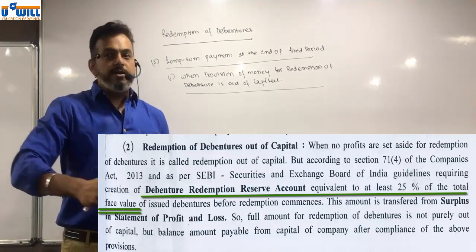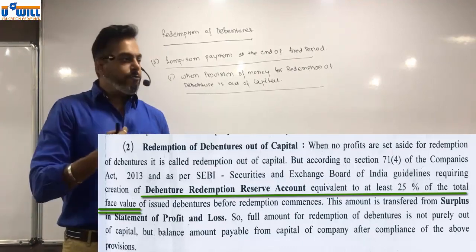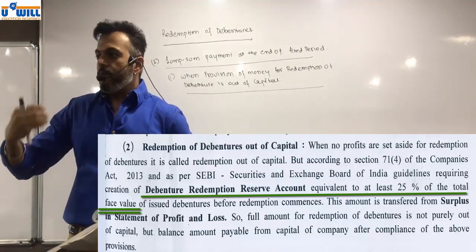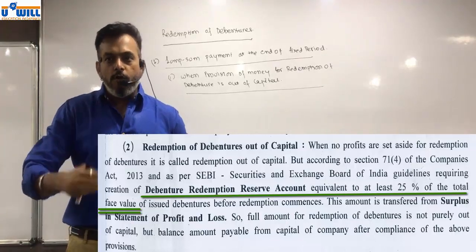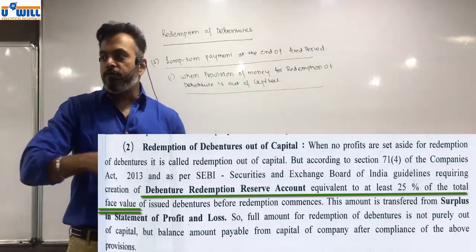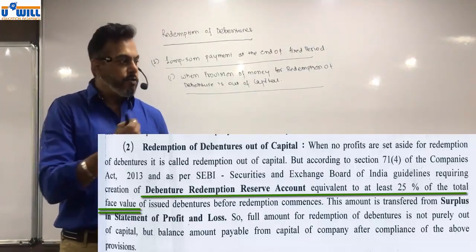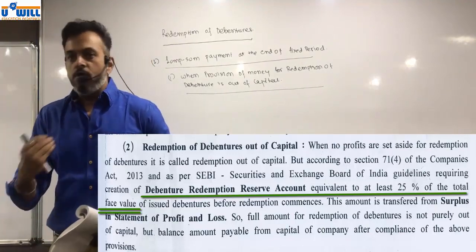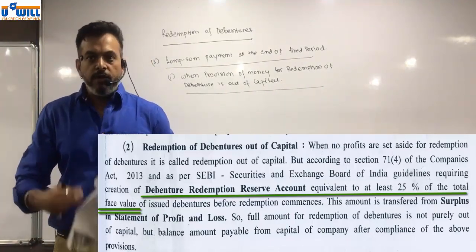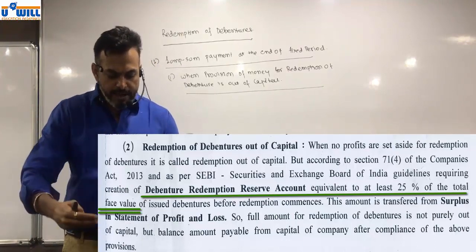So before the redemption starts, we have to transfer at least 25% of the face value of the issued debentures to debenture redemption reserve account. Understood this? एंट्री करेंगे तब देखेंगे कैसे होता है ये.